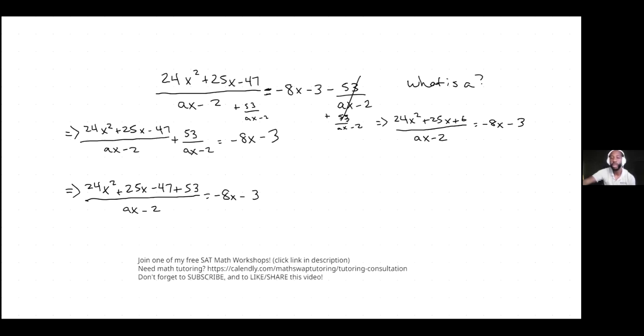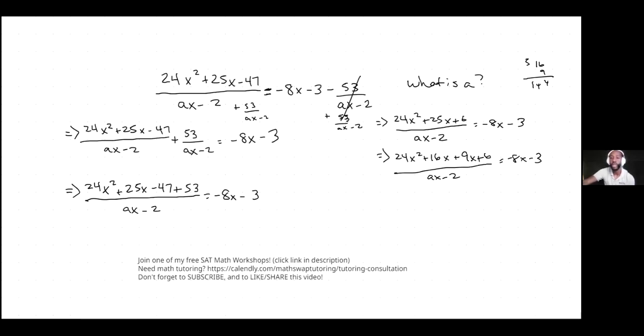Let me make sure those multiply to give me 144. Yep. So I changed this to 24x squared plus 16x plus 9x plus 6 over ax minus 2 is equal to negative 8x minus 3. 16x and 9x is just 25x split up, okay?